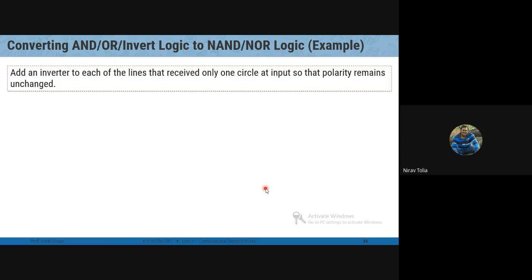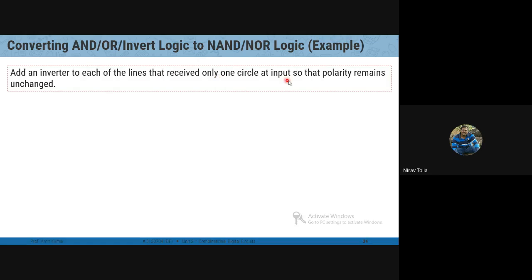Now we have to add or subtract an inverter on each of the lines that receive only 1 circle at input, so that polarity remains unchanged. So we have to add an inverter to each of the lines that receives only 1 circle.